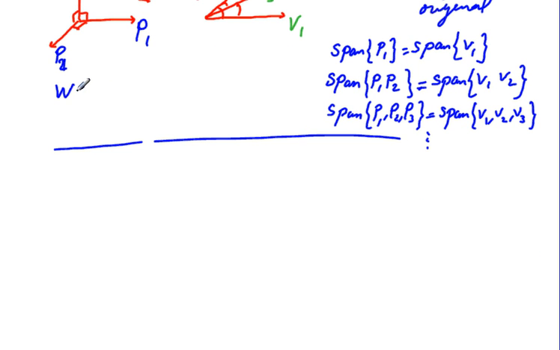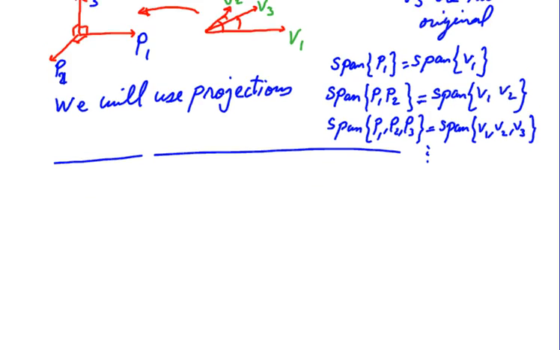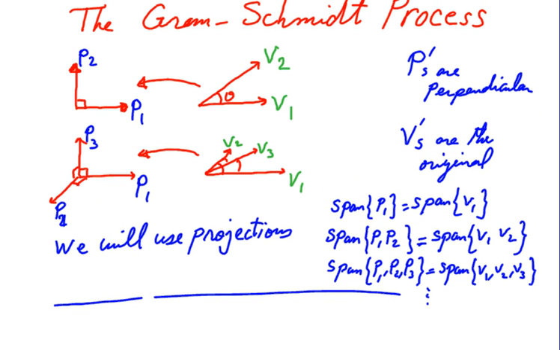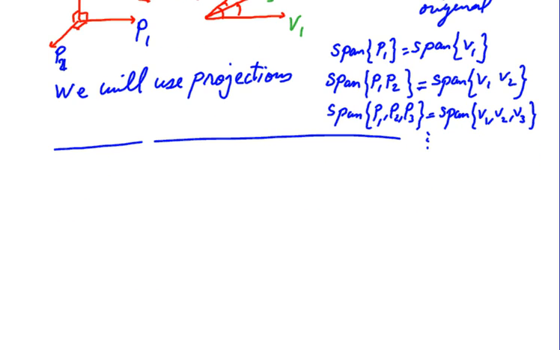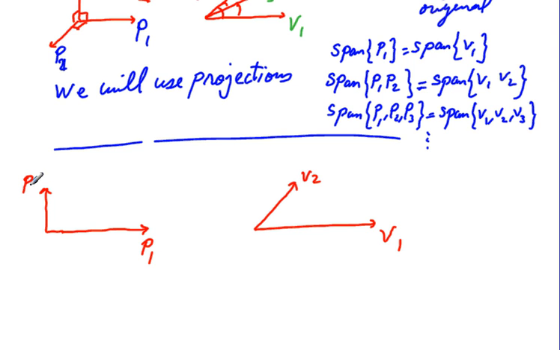Before I get down into the formulas, let me tell you what it is all about. Let me redraw the picture. So suppose I have this V1 and this V2. I want to force them open. That is, I want to create P1 and this one will be P2.